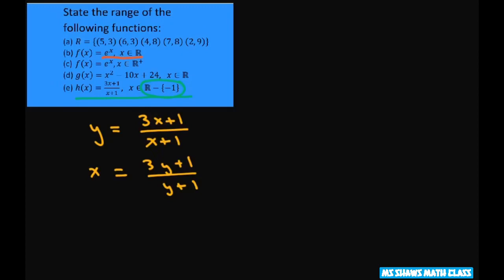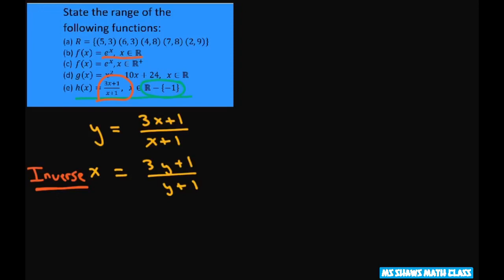Now that's your inverse. So we have our inverse already. But we want to make y the subject so we can figure out our range. So whatever we get for the domain of our inverse will be the range of this.